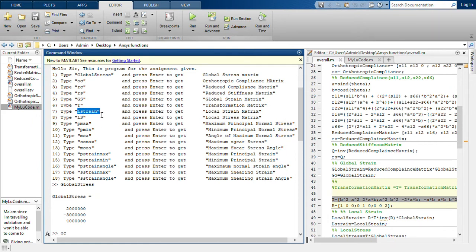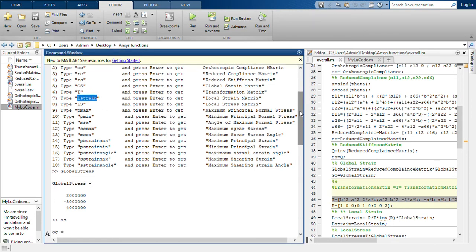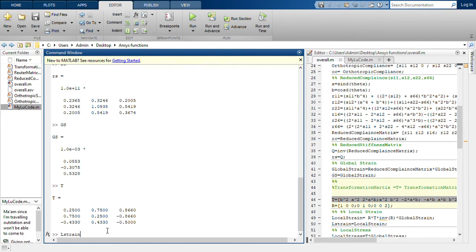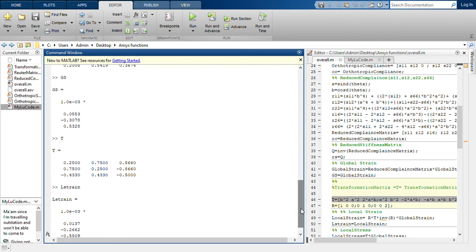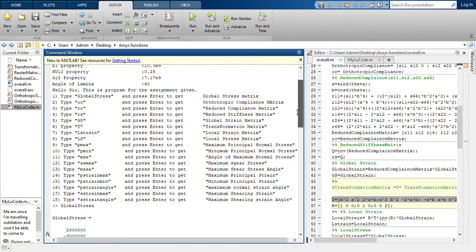Next we'll get the local strain matrix. For that we type L strain, copy, paste. This is the local strain matrix that we get. This is on page 116, again the same answers. Next is the local stress matrix.